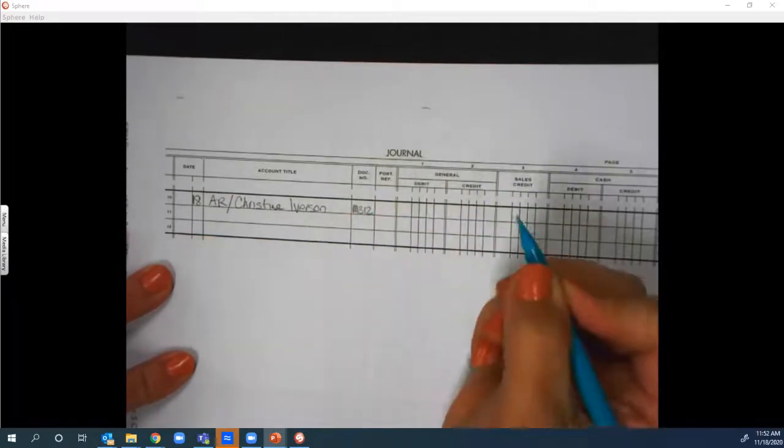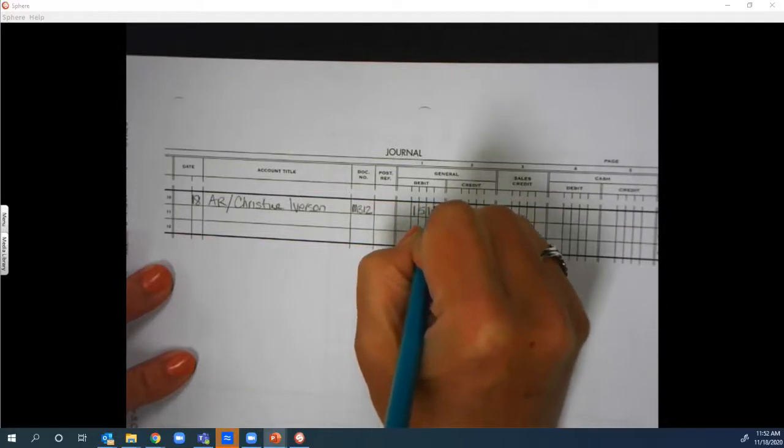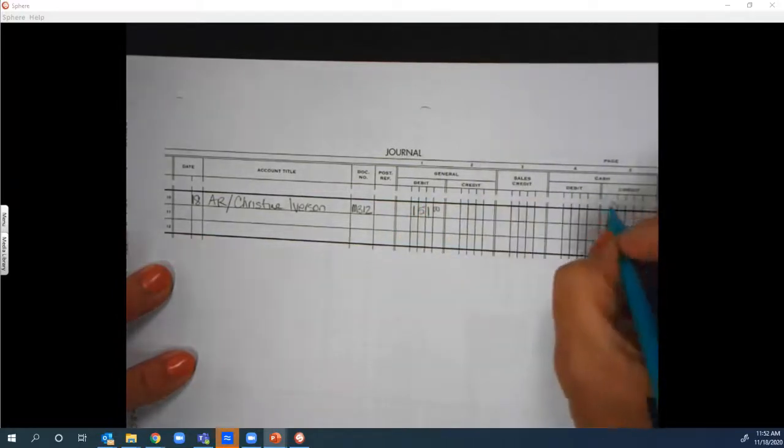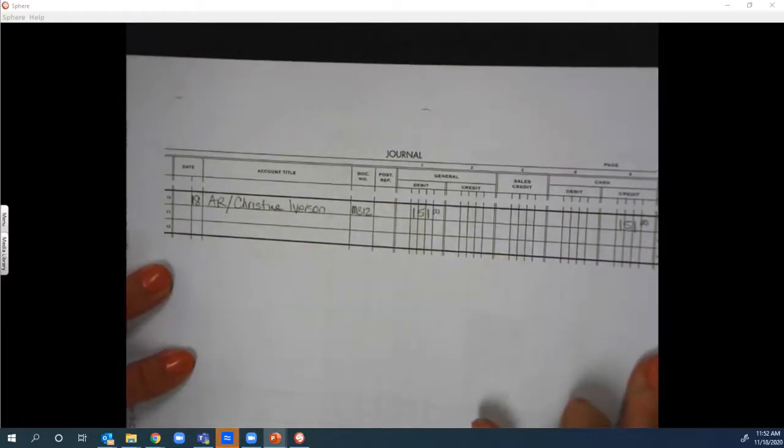It's memo 312 for $151, and our bank took $151 out of our account. It does tell us we're on page 15.